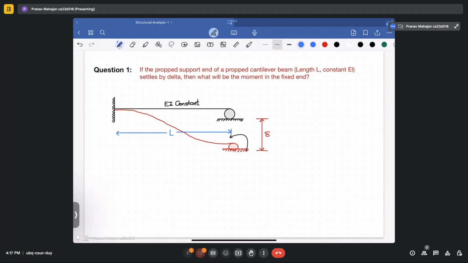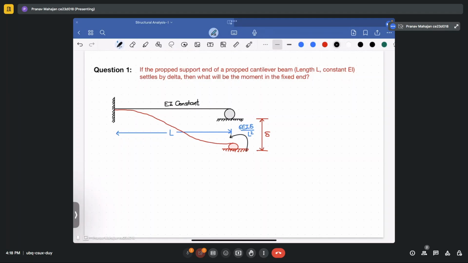So it will be 6 EI delta upon L square. So this moment will be acting over the member due to the settlement of support. So now since the support has settled, but this is a propped support, in this, external moment cannot be there.